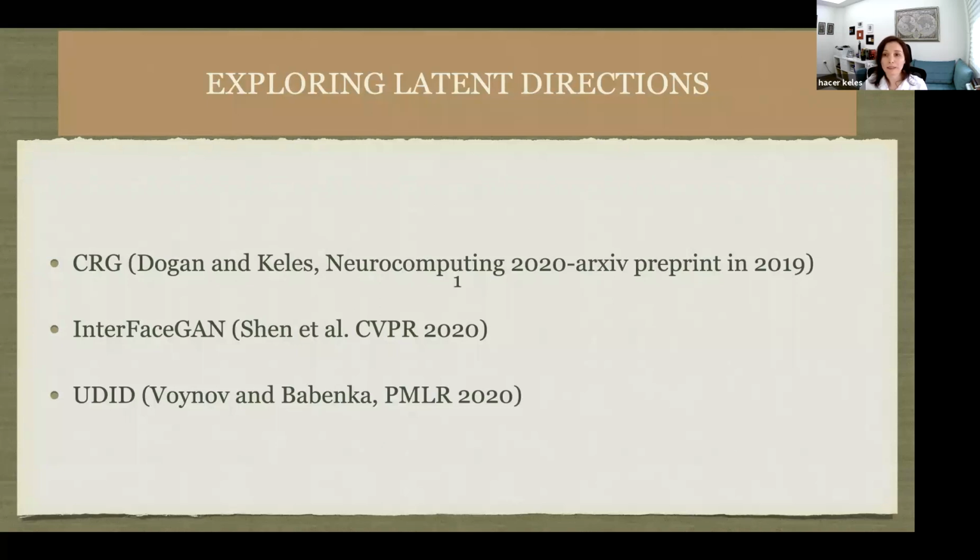The estimated direction aims to represent an axis of a particular factor of variation within the latent space. However, there are no particular constraints on the relations of these axes in these approaches, such as orthogonality or orthonormality, etc. In this part, I will first introduce our CRIG framework and then show some results from the two recent works that I selected from the same domain.